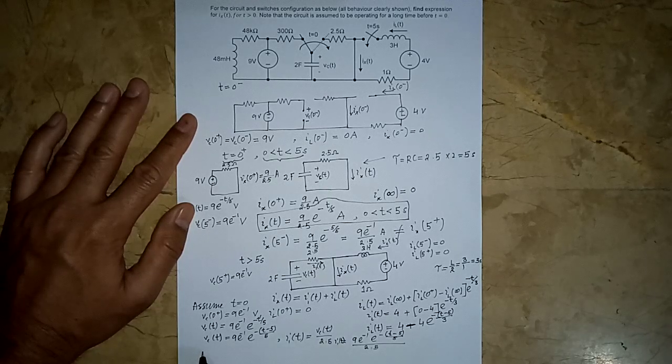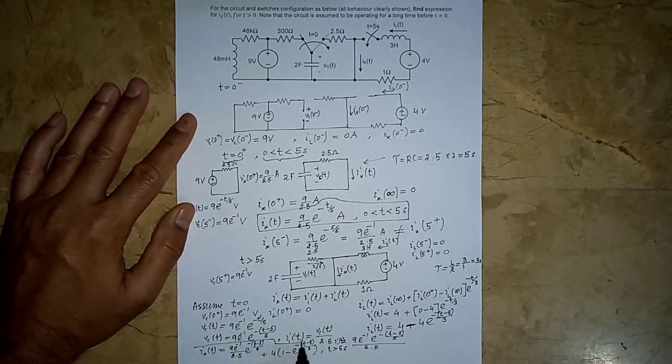And the overall expression that we are seeking for IX(t) in this time interval, for t greater than 5, would be I1(t), which is 9 e raised to the power minus 1 over 2.5 e raised to the power minus (t minus 5) over 5 plus 4 times (1 minus e raised to the power minus (t minus 5) over 3), and this is the expression for t greater than 5 seconds.